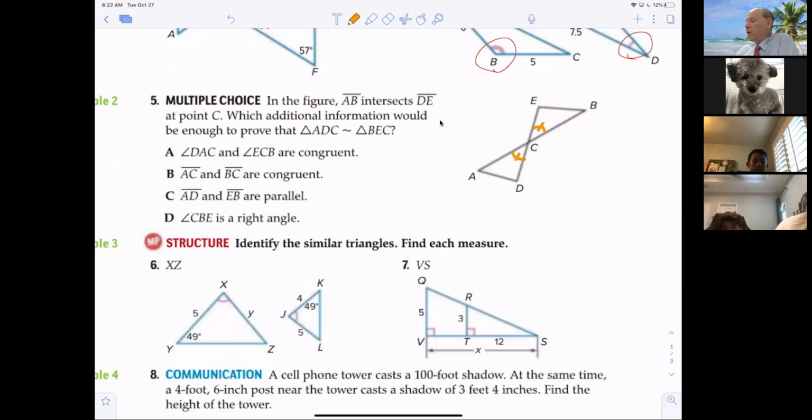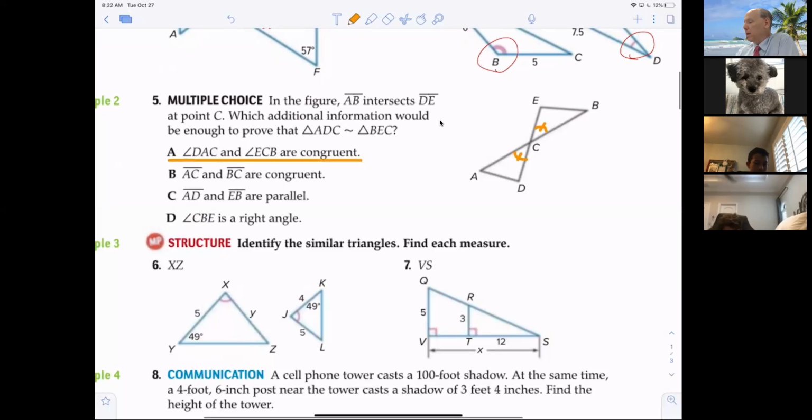So wait a minute, I'm gonna look at A. We're just gonna do it right in order. Angle DAC, this guy, is congruent to EC. Does that make any sense? No, that doesn't make sense. Did everybody see that?